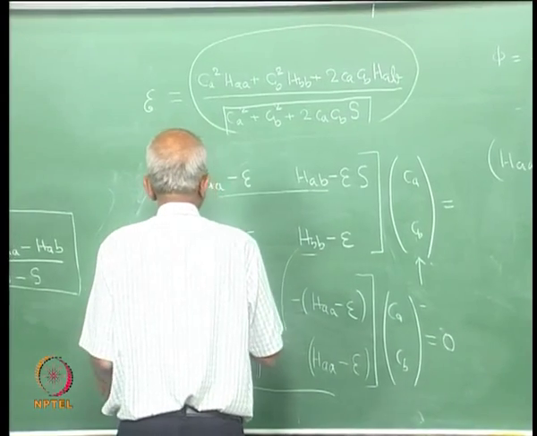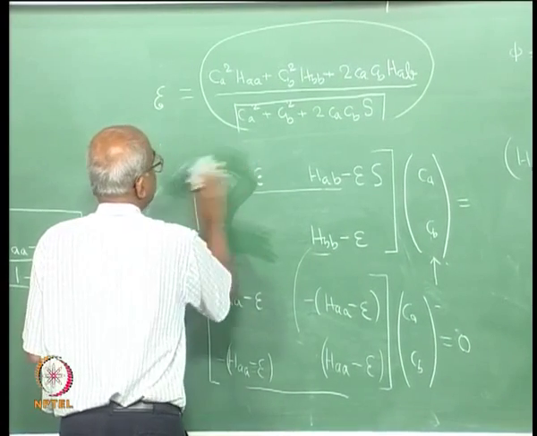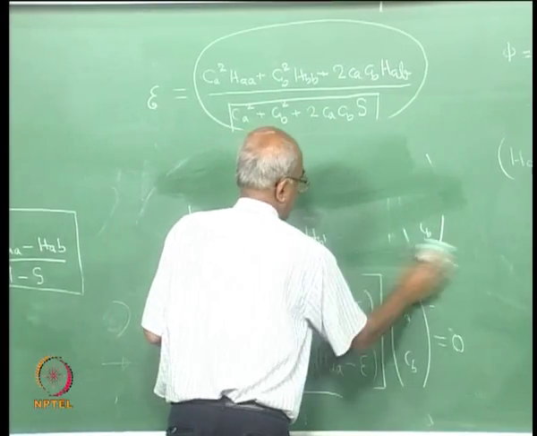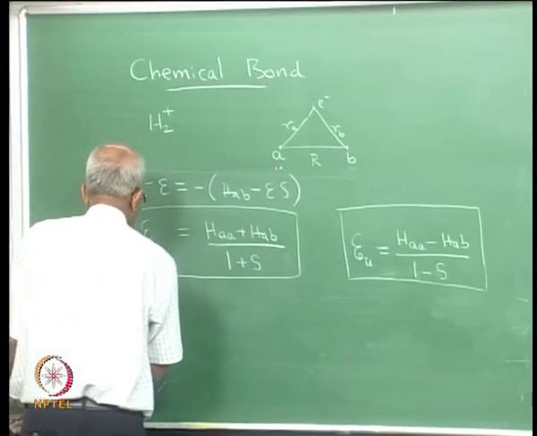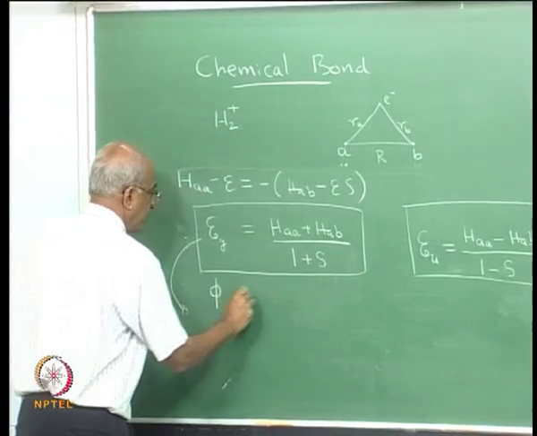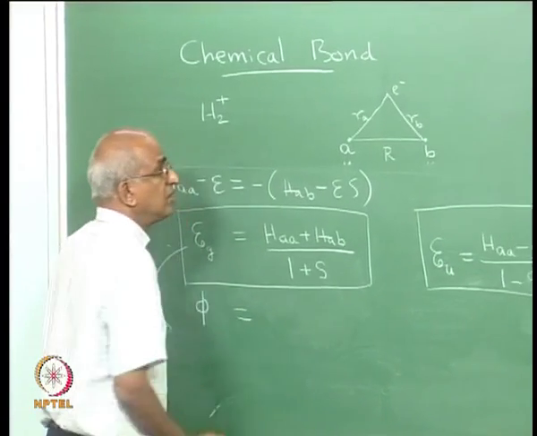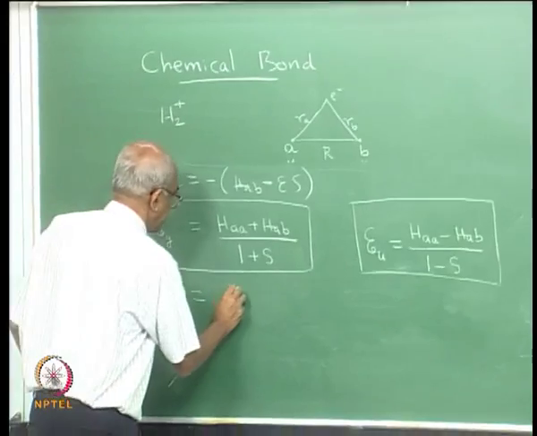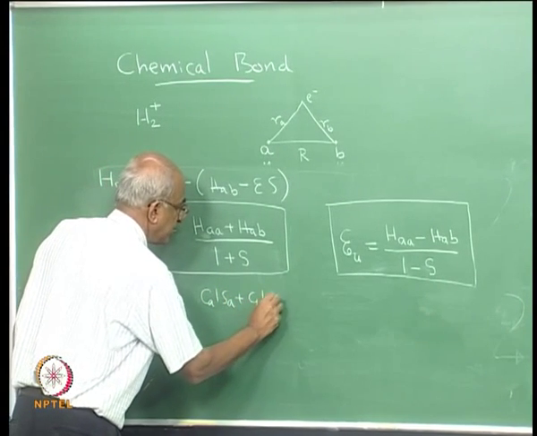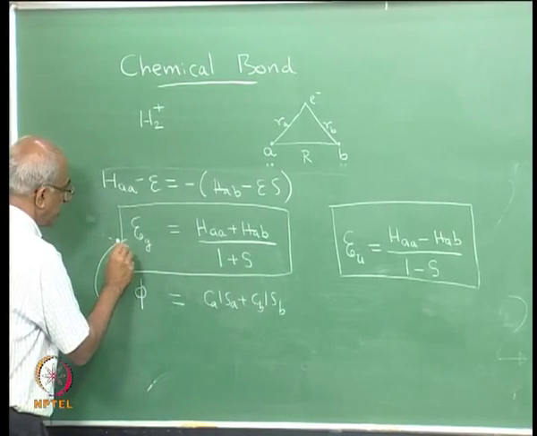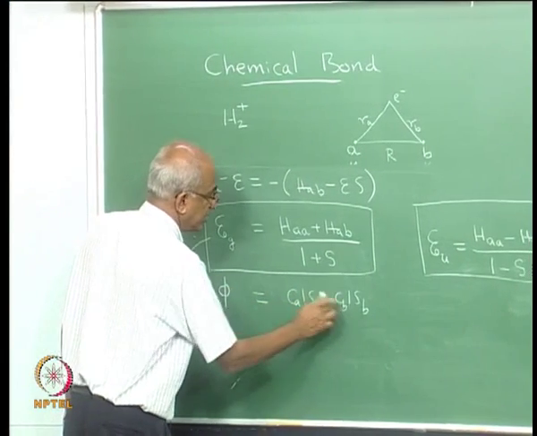So, what are those solutions? Let me just write them. In this case, our expression for phi is actually CA into 1s A plus CB into 1s B, but as far as this solution is concerned, we found that CA is equal to CB.